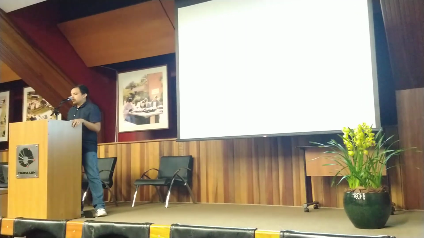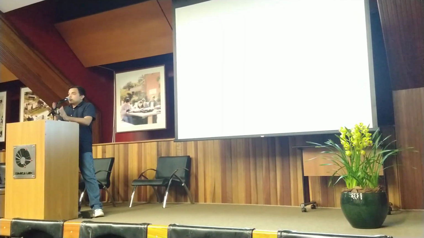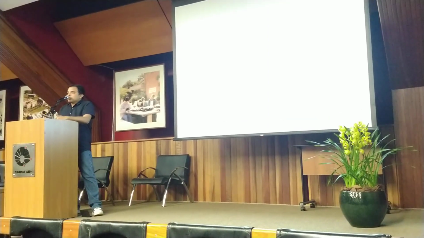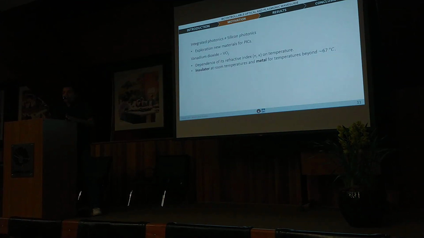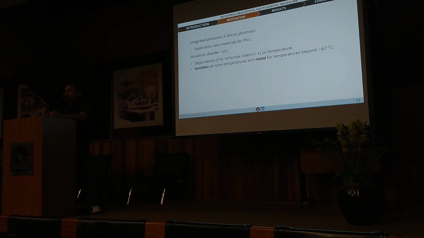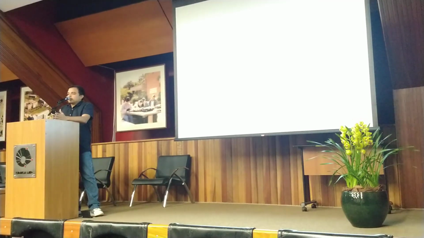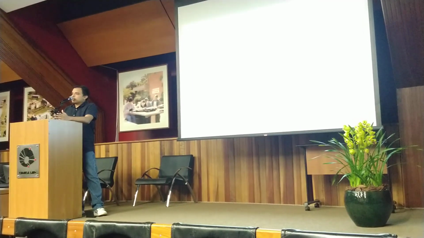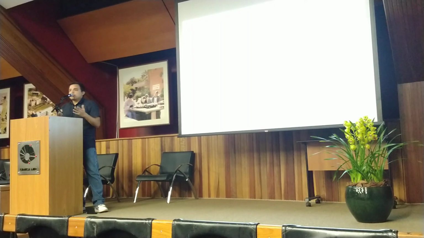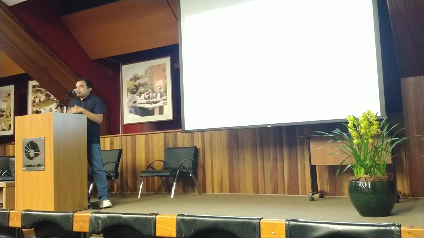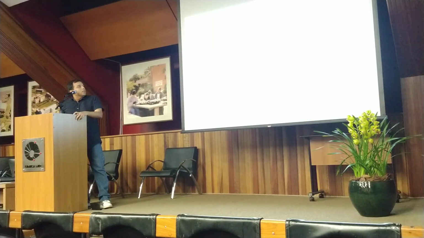This is a really interesting material because it is a two-phase material. You can have an insulator at room temperature, or a metal at temperatures beyond 67 degrees Celsius. The refractive index of the material changes with temperature, both the real part and the imaginary part.